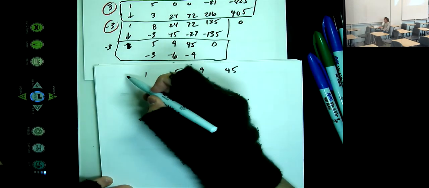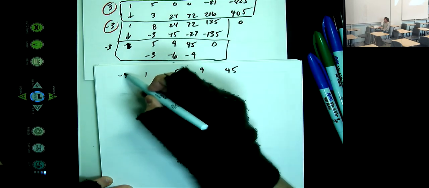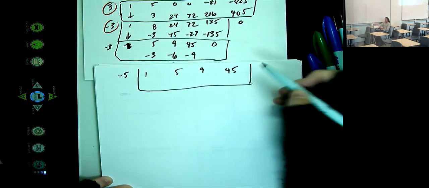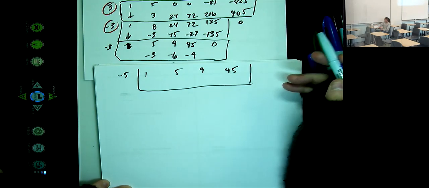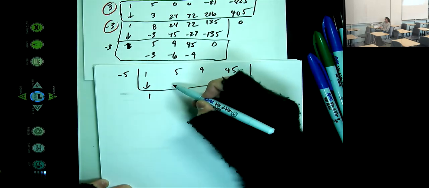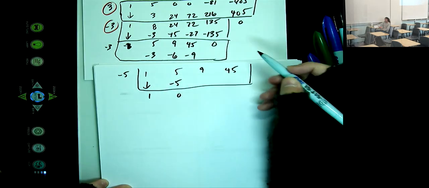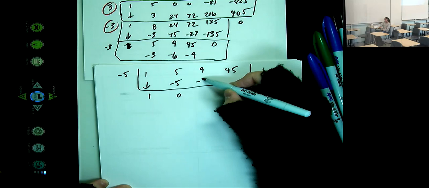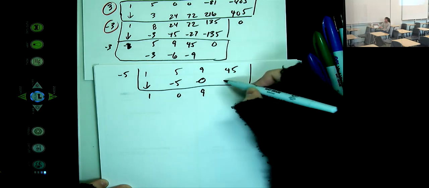I don't know, it's negative 5 maybe. Positive 5 worked, positive 3 worked, negative 3 worked, maybe negative 5 will work. Oh, yeah, it does.